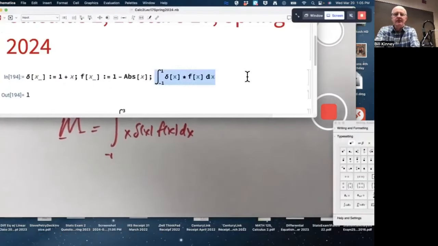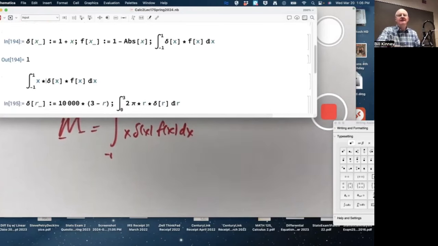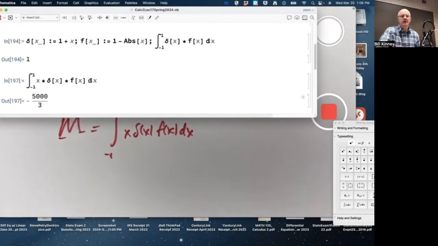Just copy and paste this integral. Put an extra x in there. Should get a positive answer. I need to re-enter this stuff. Re-enter the function. Positive 1/6. That's the moment of the entire mass in the x direction.